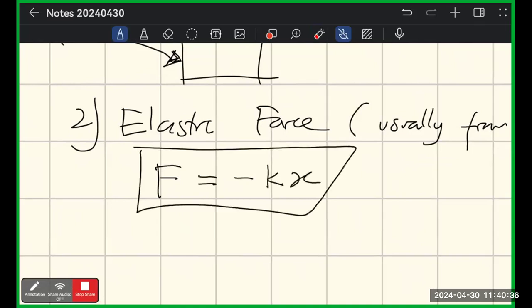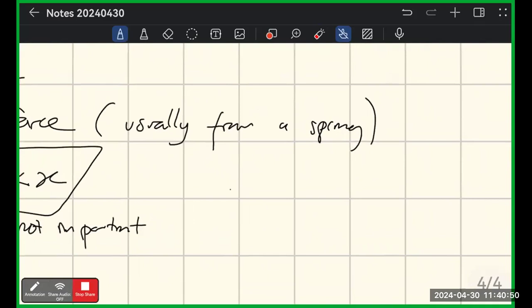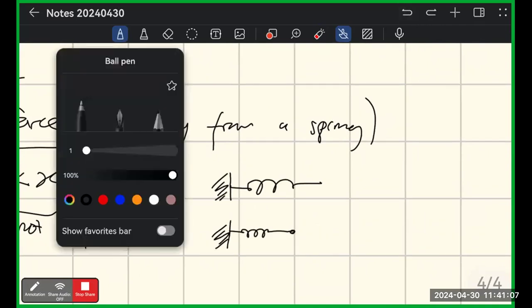The negative here is actually not important as long as you understand the direction. So if this is the spring, this is the regular length of the spring, but the spring is contracted to this length. It will give a force. The force will be kx.